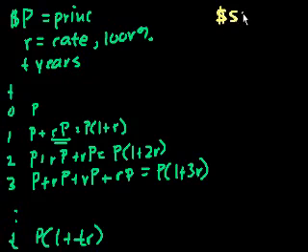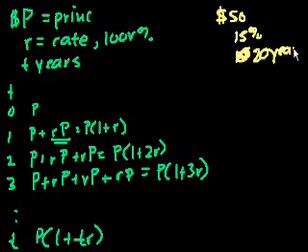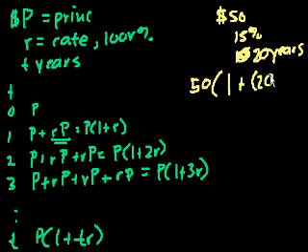If I were to borrow $50 at 15% simple interest for, let's say, 20 years, at the end of the 20 years, I would owe $50 times 1 plus the time, 20 times 0.15.